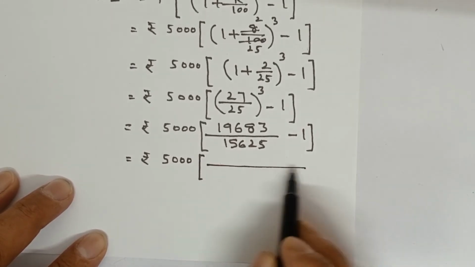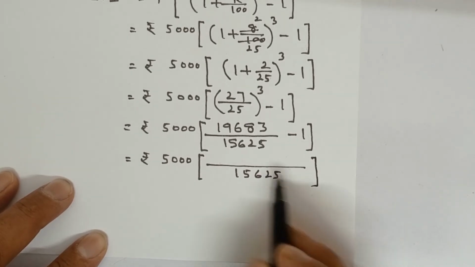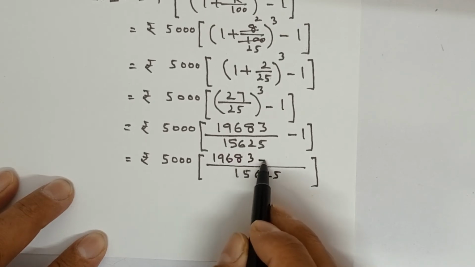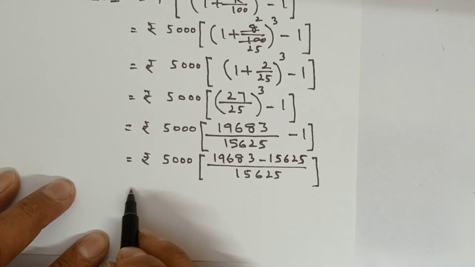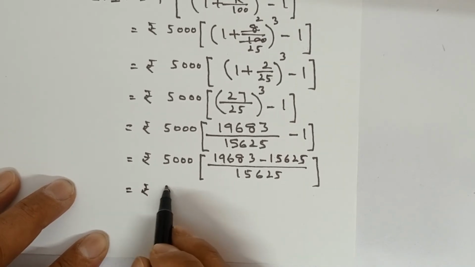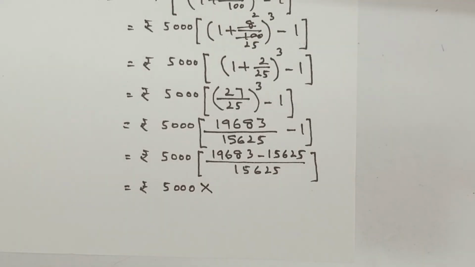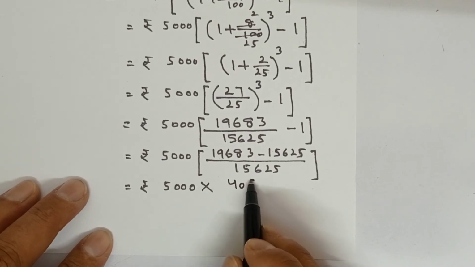LCM is 15,625. In the numerator, 19,683 minus 15,625 will come here. Rupees 5,000 into 19,683 minus 15,625. That will be 4058.